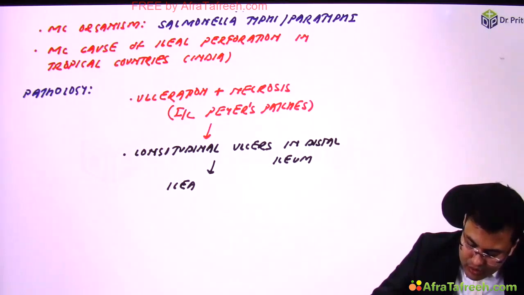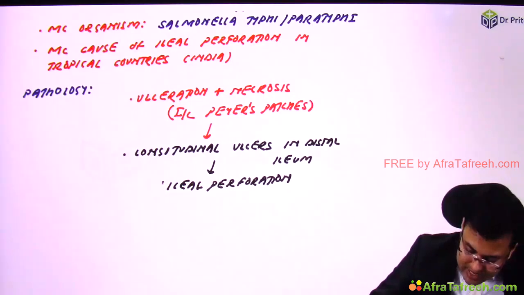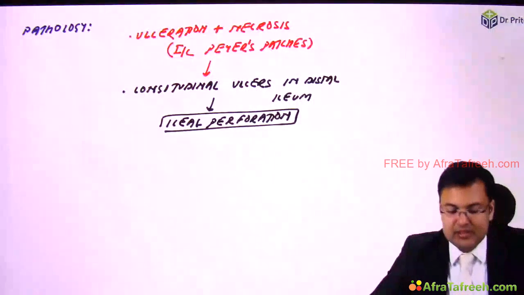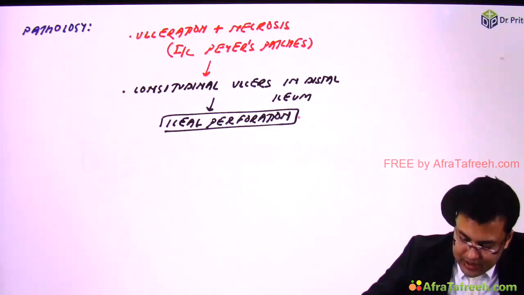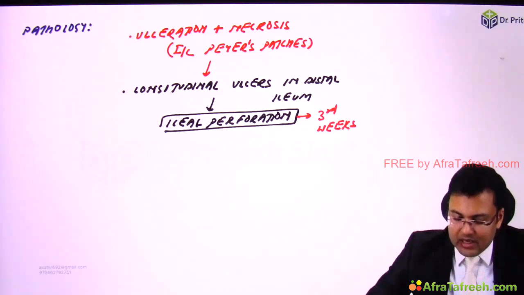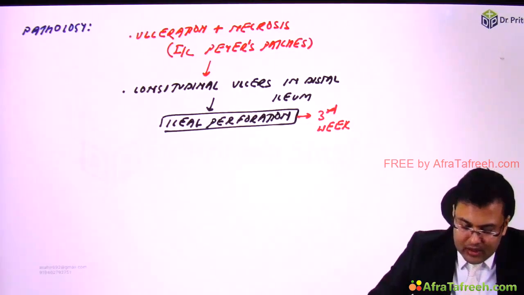So this can lead to ileal perforation. And this is the question which is asked in exam: in typhoid or enteric fever, during which week does this ileal perforation occur? It occurs during the 3rd week.